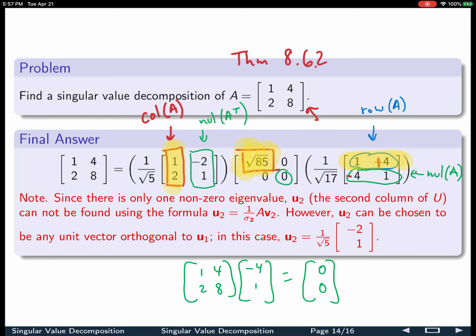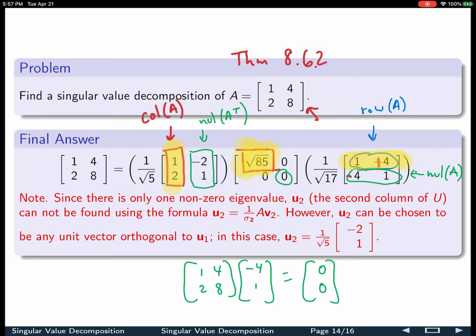Yeah, they made a mistake here in their singular value decomposition, and I think they wrote V instead of V transpose. But yeah, you can actually find bases for all of those 4 fundamental subspaces of A, which I think is really cool.